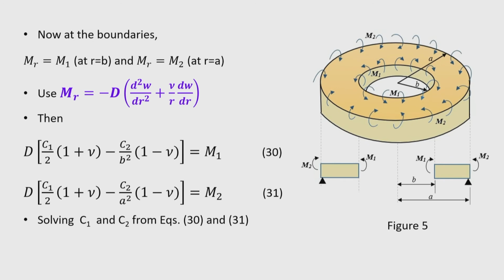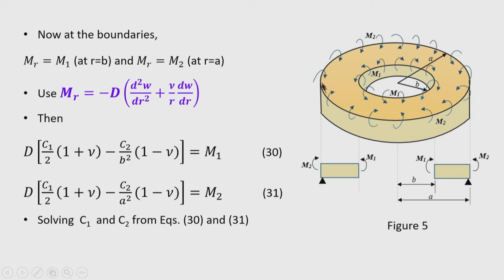Now, at the boundaries we examine the radial moment M1 at r equal to b. At the inner edge the moment applied is a symmetrically applied moment, an edge moment uniform along the inner periphery and outer periphery.